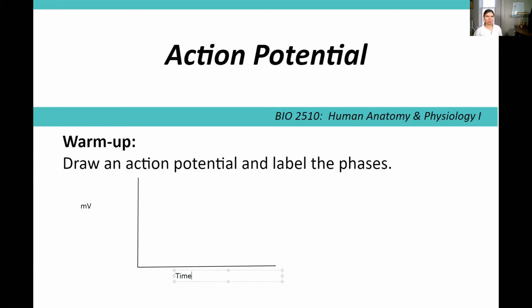Okay, so one of the things we want to keep in mind as we're talking about our action potential is we have a couple of special numbers. So one is that we know that our resting membrane potential is -70. So I'm going to mark that here.